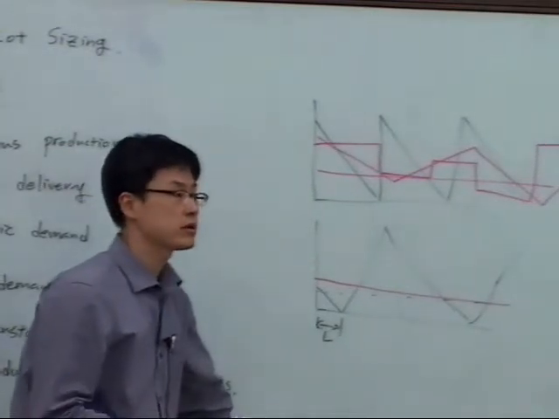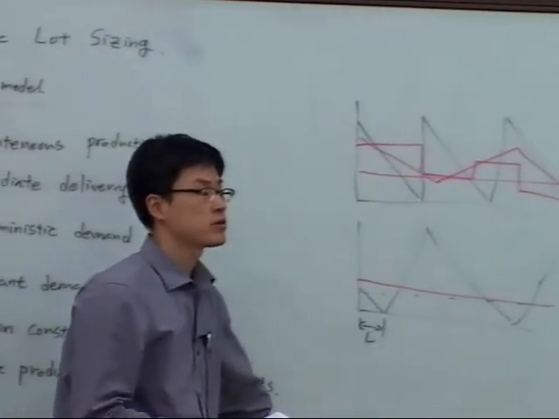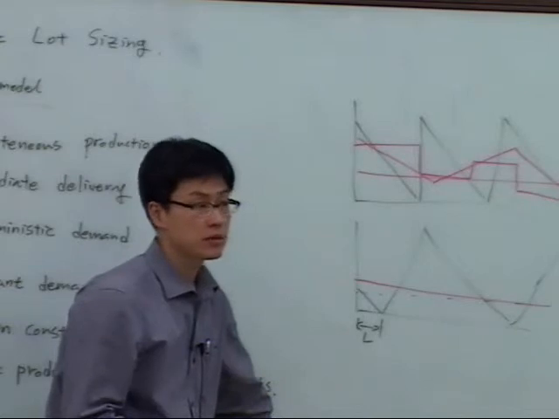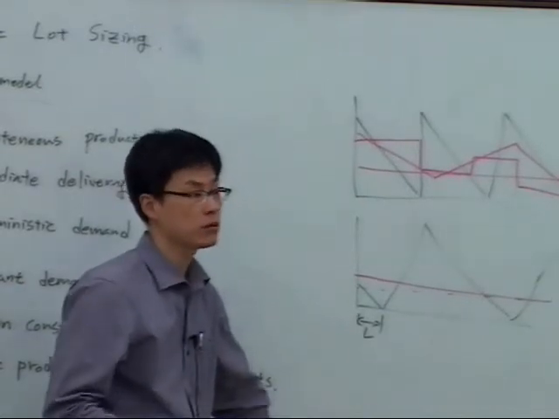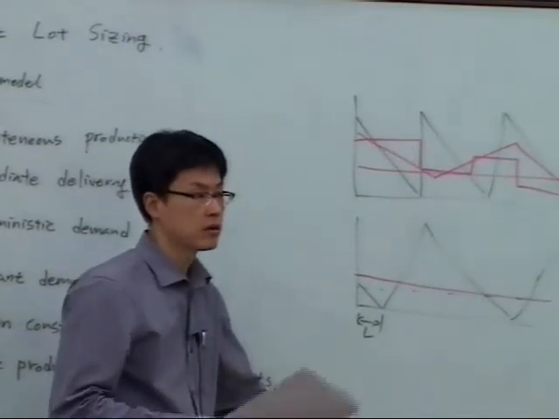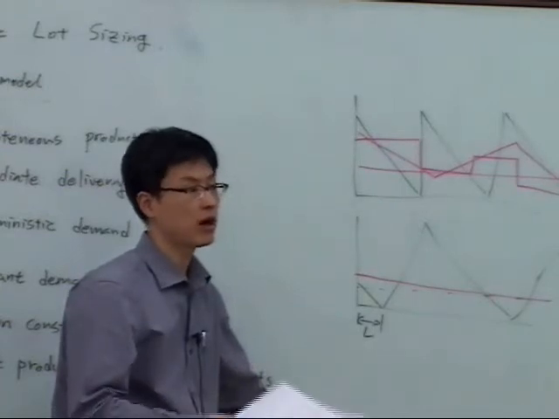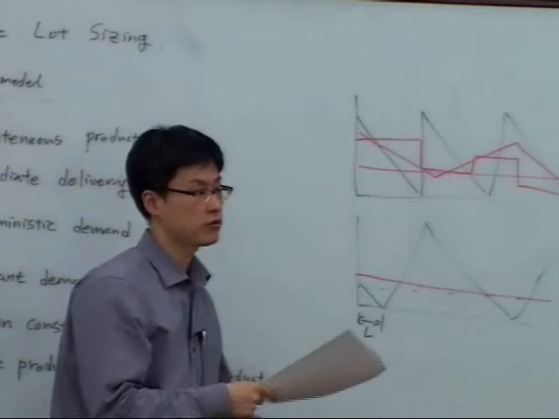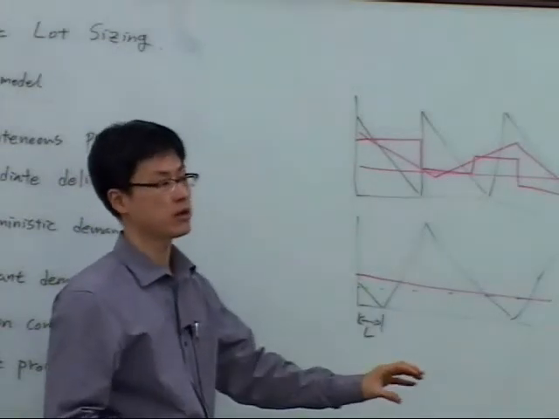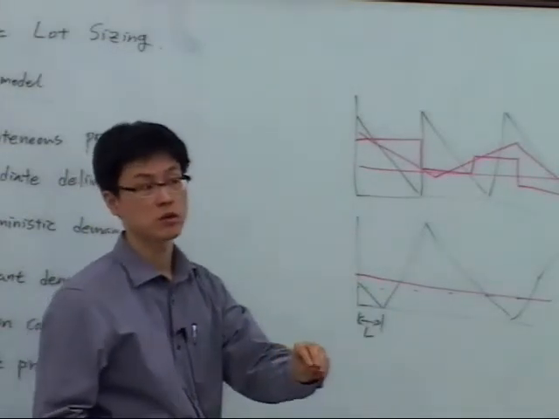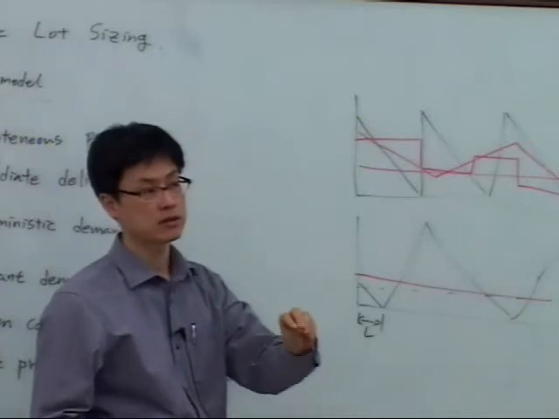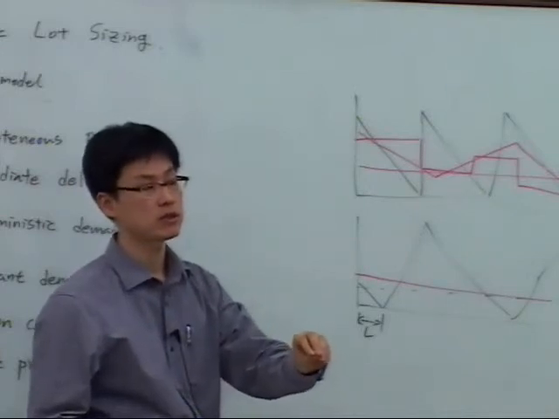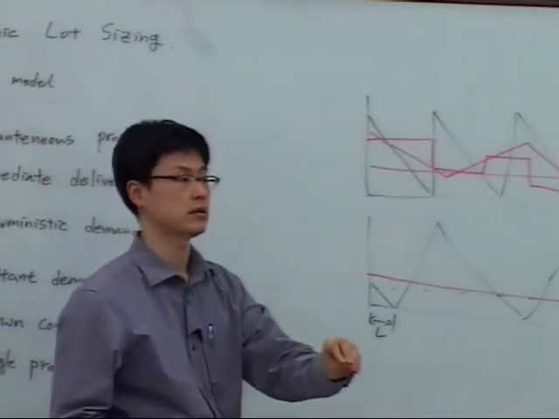In real world cases, the demand is actually not deterministic. We don't know it. But we can forecast with higher probability. By doing that, we can transform this unknown demand into some deterministic number. But this forecasted deterministic demand is not constant.